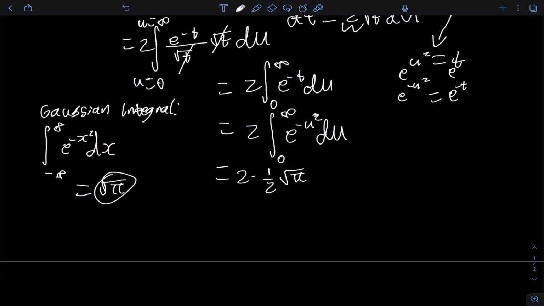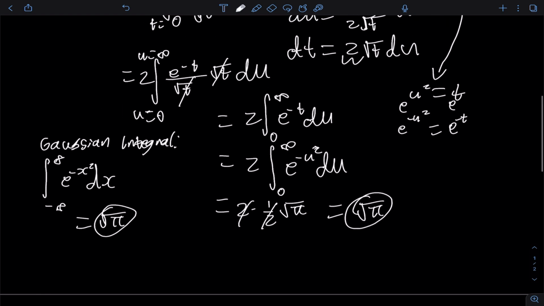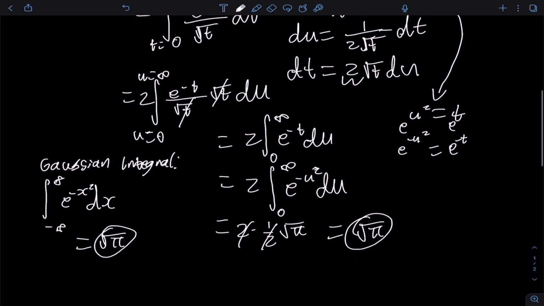So what we see here is that this 2 and this half cancel, and we're just left with the square root of pi over here. And this all comes from the fact that this 2 was here originally, and this half of the Gaussian integral cancelled with this 2 multiple here. So therefore, the gamma of 1/2 is the square root of pi.